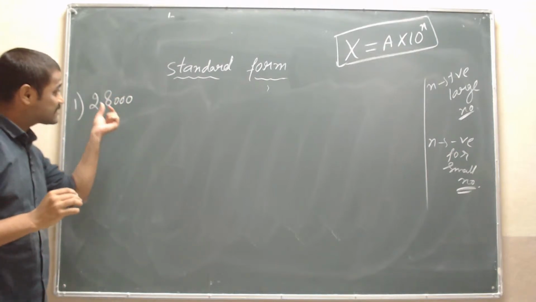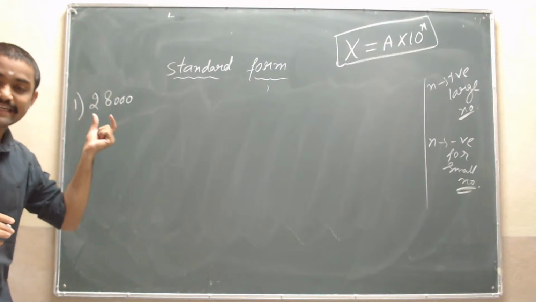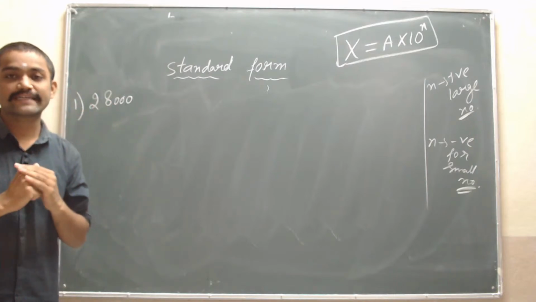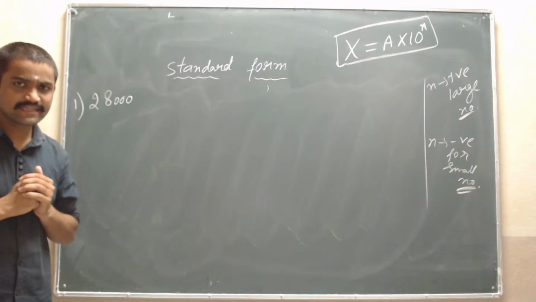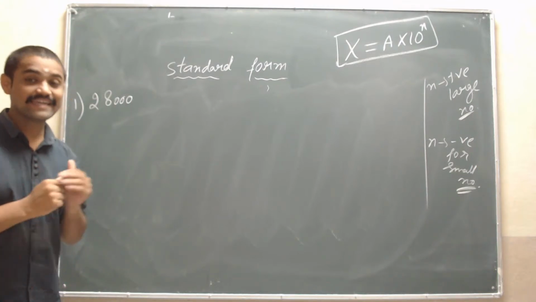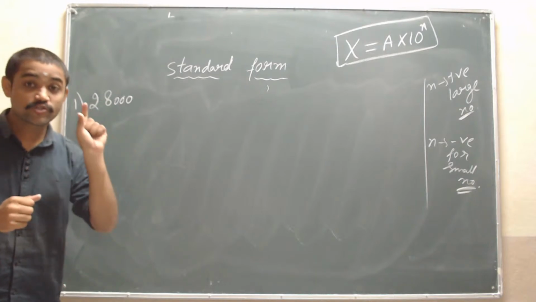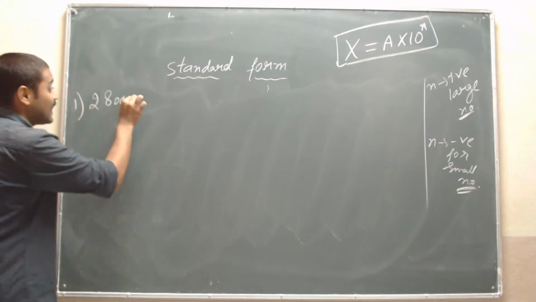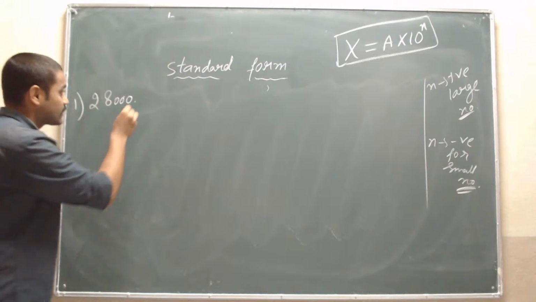So the first step we have to concentrate on is: where is the decimal point here? Students, here I have not given the decimal point, so assume that at the end there is a decimal point.